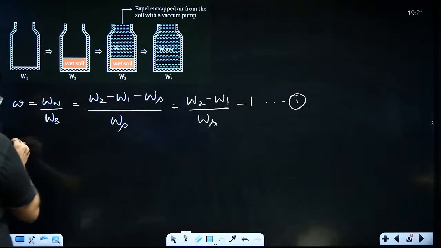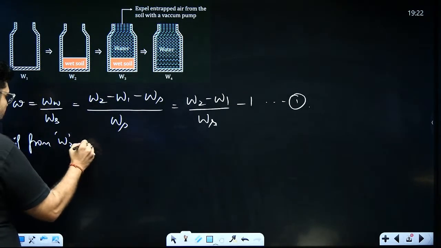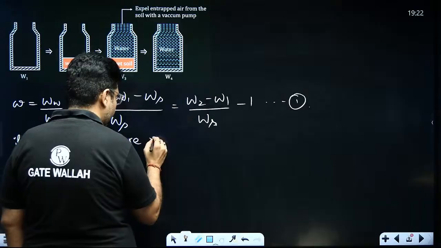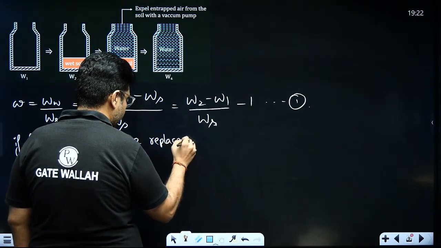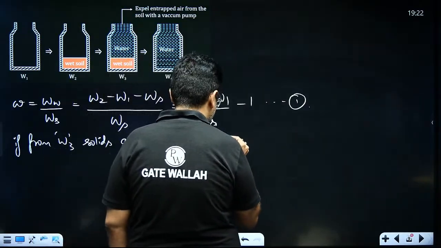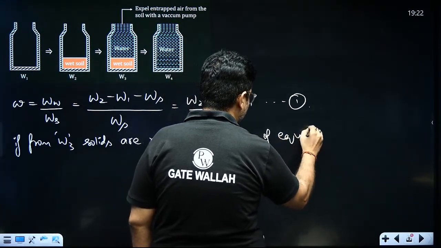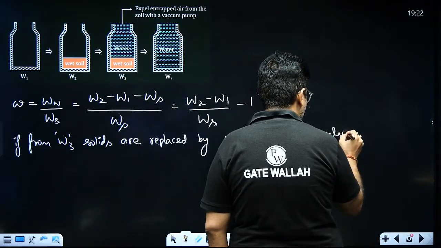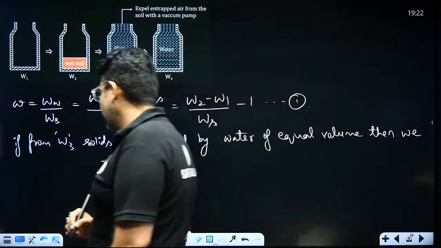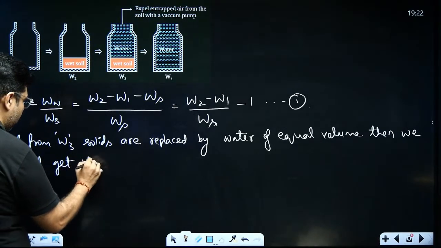This first I will write as a statement. If from W3 solids are removed and replaced by water of equal volume, then we will get W4.